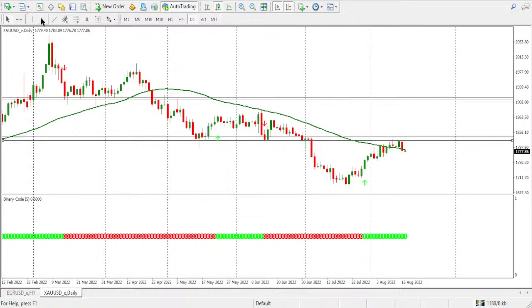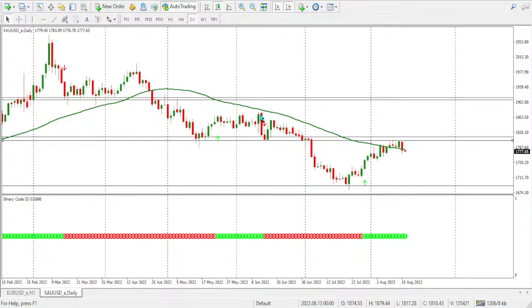So we're going to be expecting the sellers to dominate around this area, at least up to this point, so that the price may likely continue as a short. So this here will be the place you want to pick a sell from. Have your stop loss above this red wick candle, which is above this point. Expect the sellers to push price at least up to this point here.